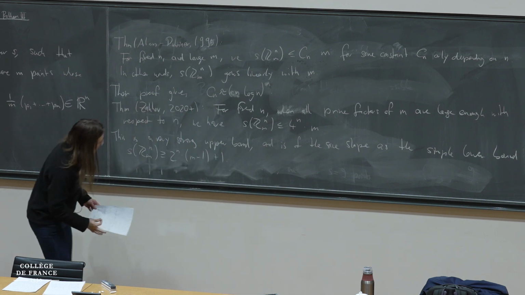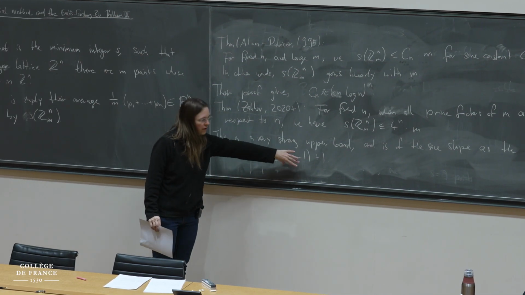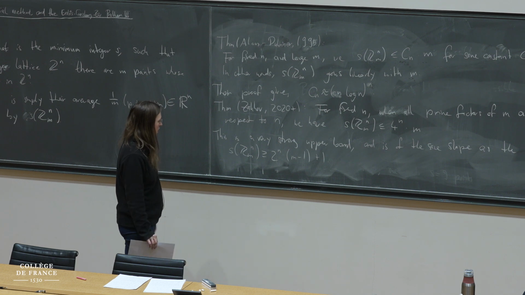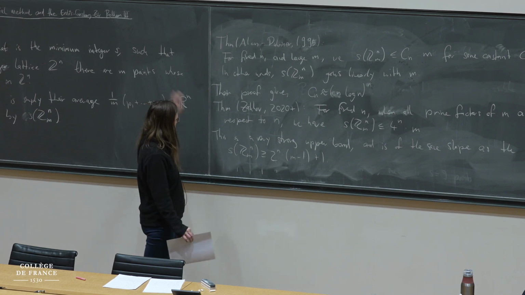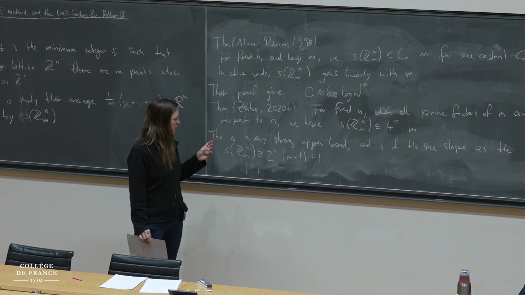So that's not the best known lower bound. I'll say something about that in a moment, but that's a very simple lower bound you can get by a very simple construction. And the construction is literally just, if you look at this problem in Z_m^n, then you can take all 0,1 vectors.